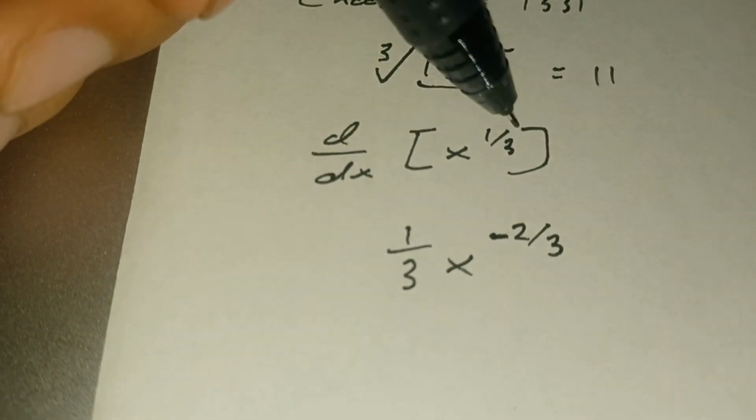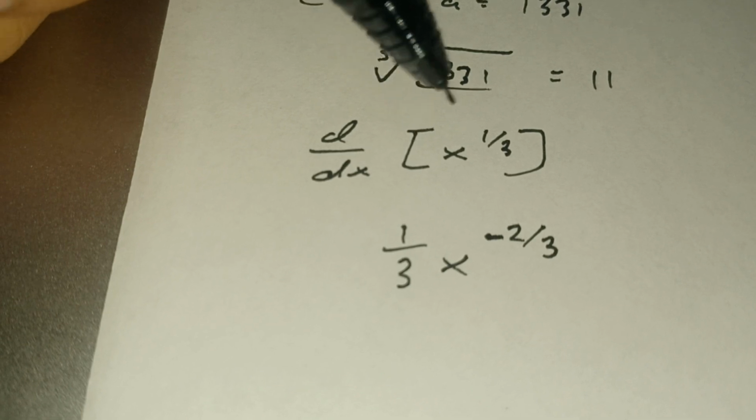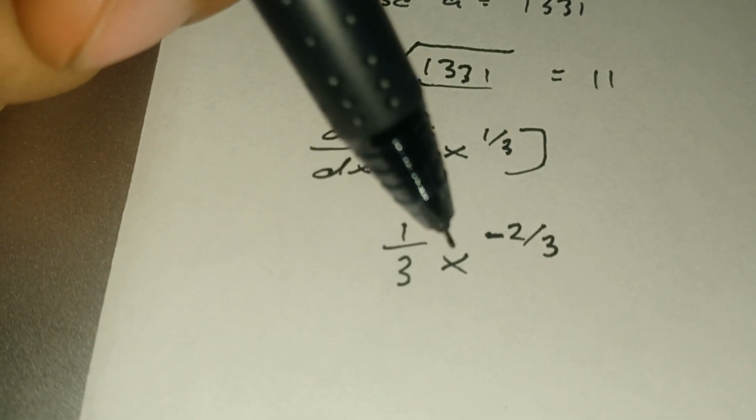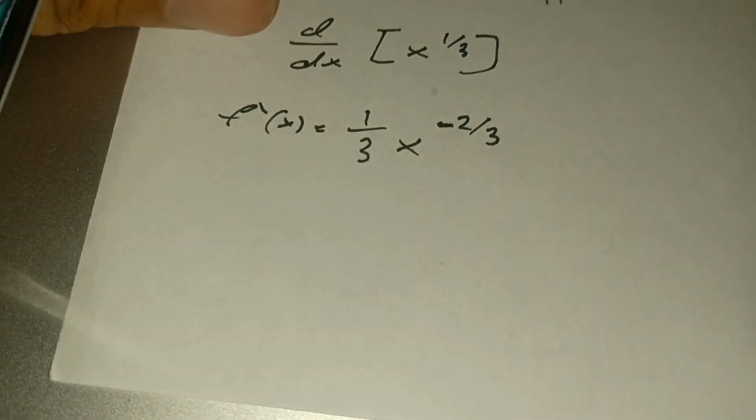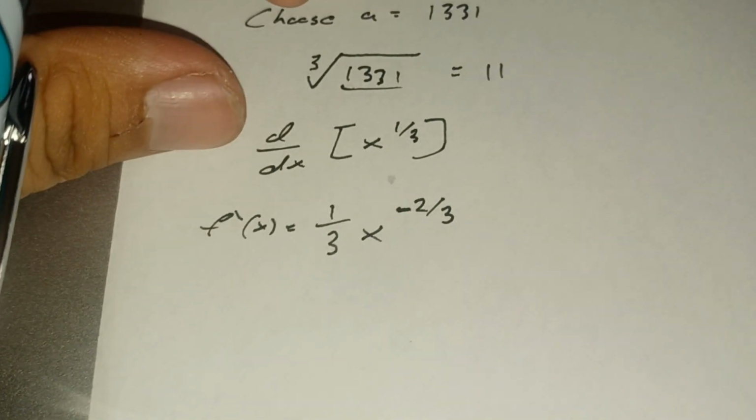If you don't know the power rule, you just move this to the front, then subtract 1 from the exponent. You get 1/3 x to the negative 2/3. So that's going to be f prime of x. That is your derivative.